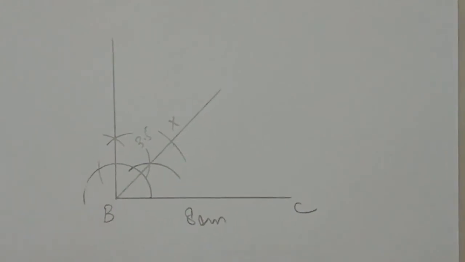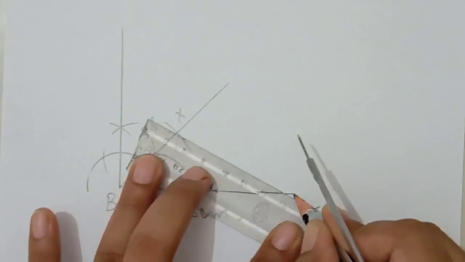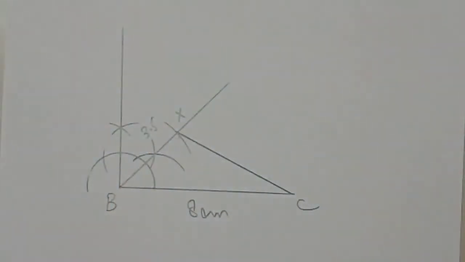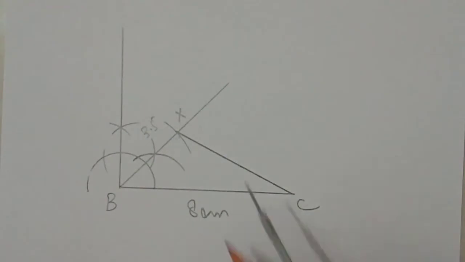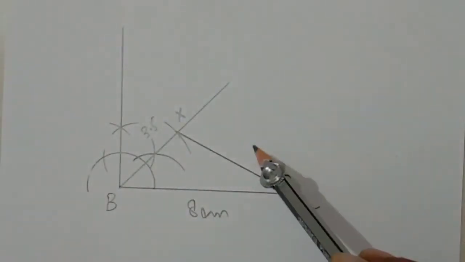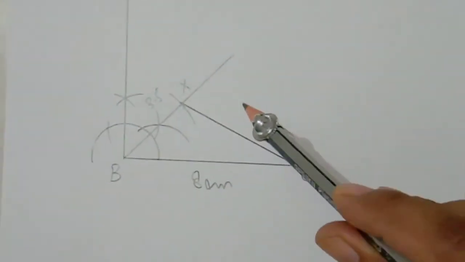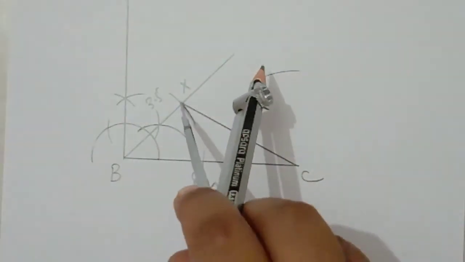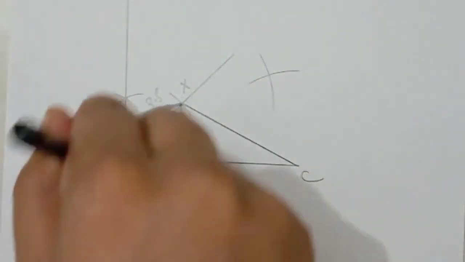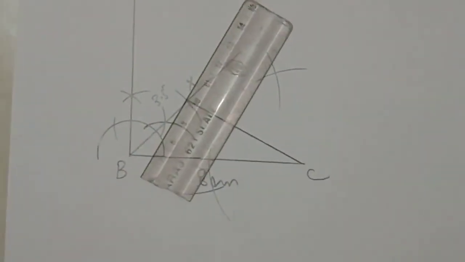Now what was the next step in your first question? Now we will join the point X to the second vertex. Remember: side, base angle, then the third different vertex, and then join, and then the perpendicular bisector of the new line. Open our compass more than half, and draw two arcs upward as well as downward, and now we will join this.